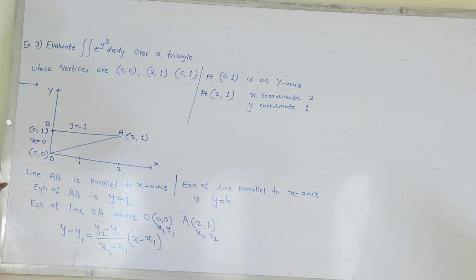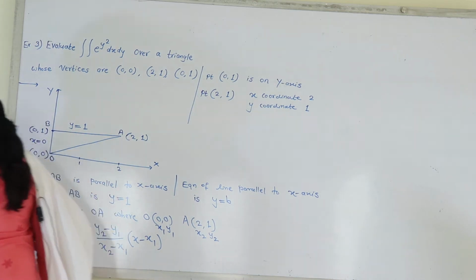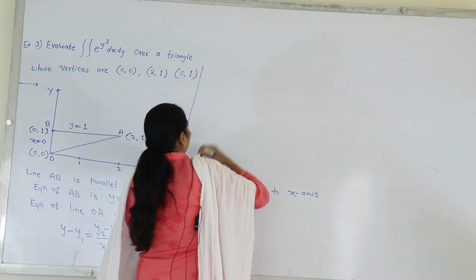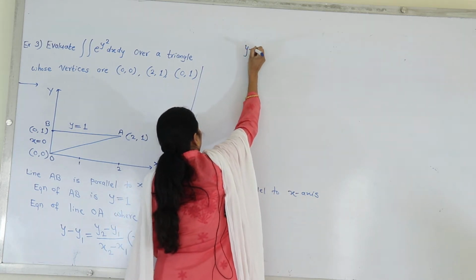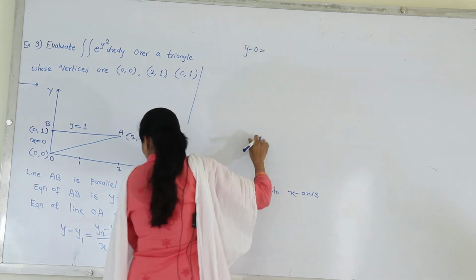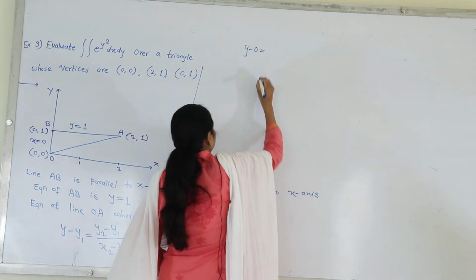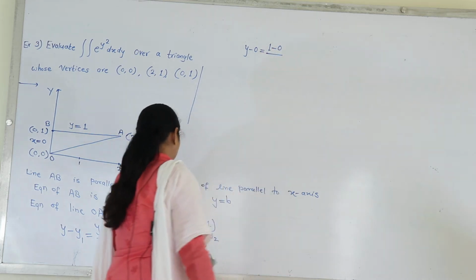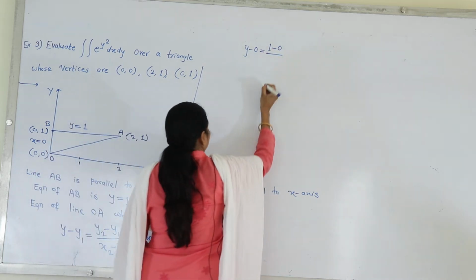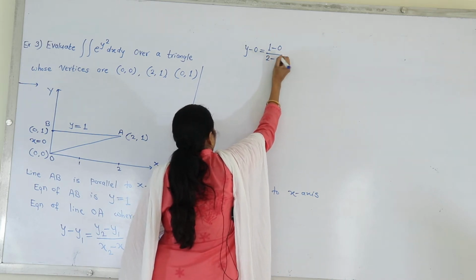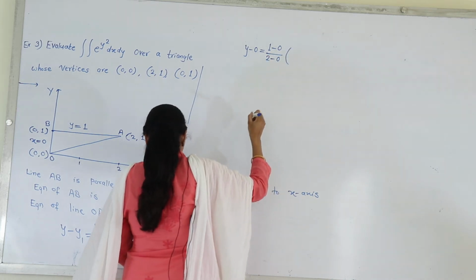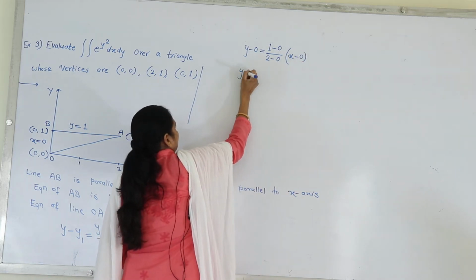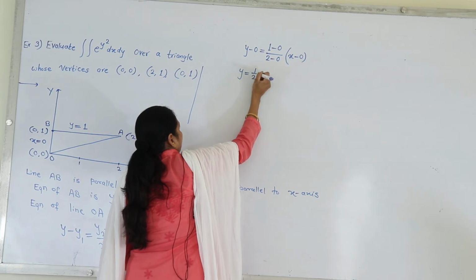So y minus 0 is equal to (1 minus 0) upon (2 minus 0), in bracket x minus 0, then y is equal to 1/2 x.